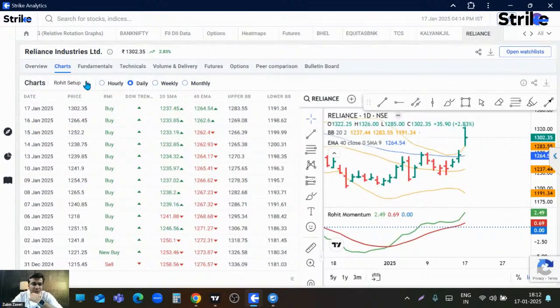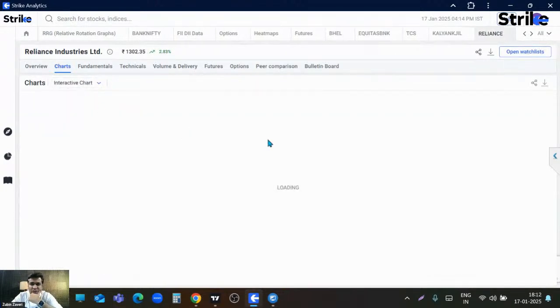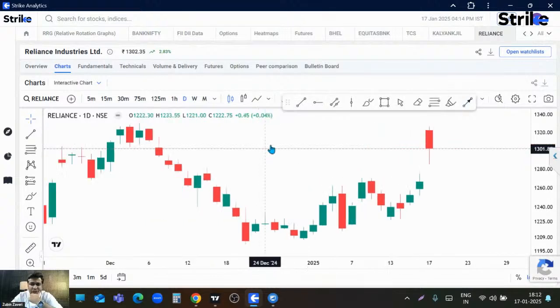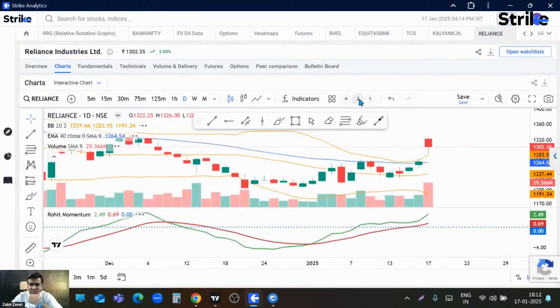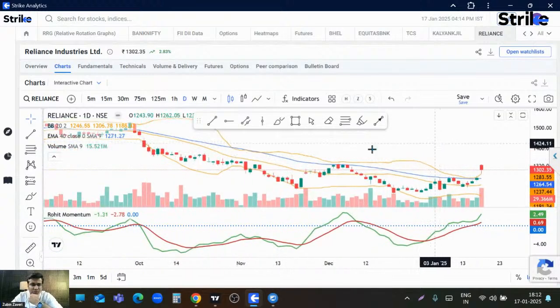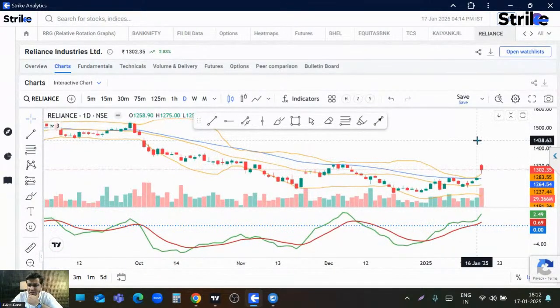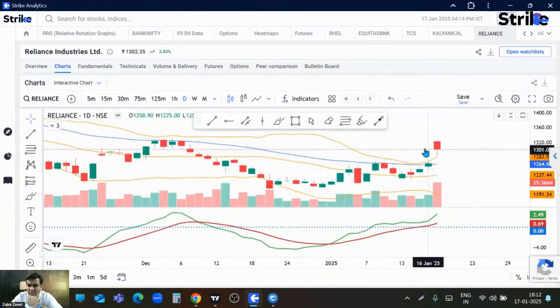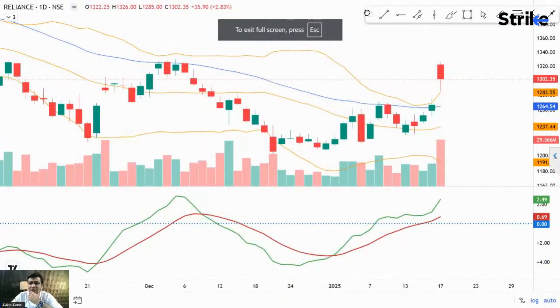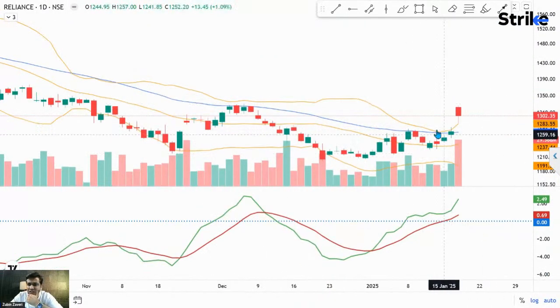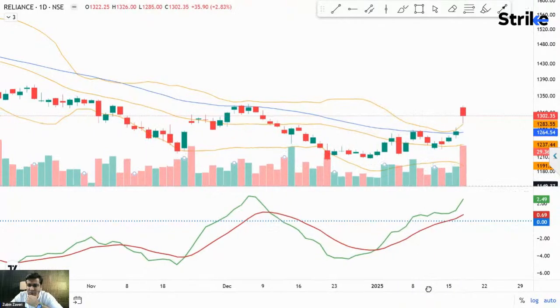And if we look at the interactive chart, on the interactive chart, I'll place our own indicators. So yeah, we had a Bollinger Band squeeze. Can you see, my friends? There was a nice squeeze over here.